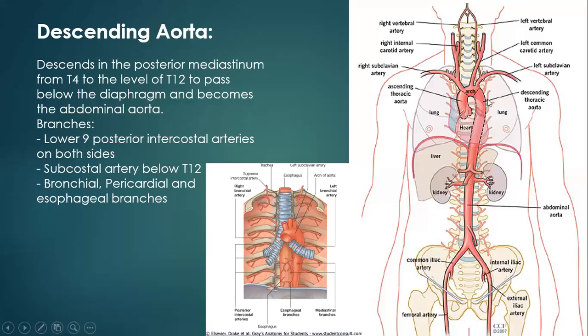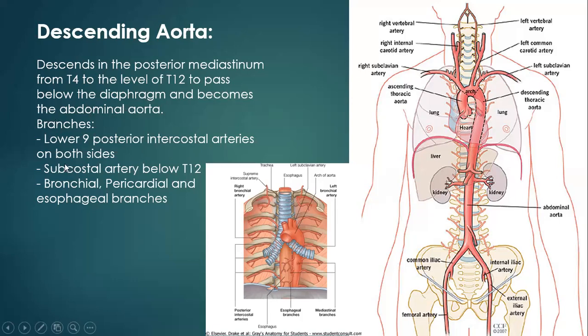So that is the site where this will begin. It begins at T4 and ends at the level of T12, because it pierces the diaphragm and enters the abdomen as the abdominal aorta. So what are the branches it will be giving?